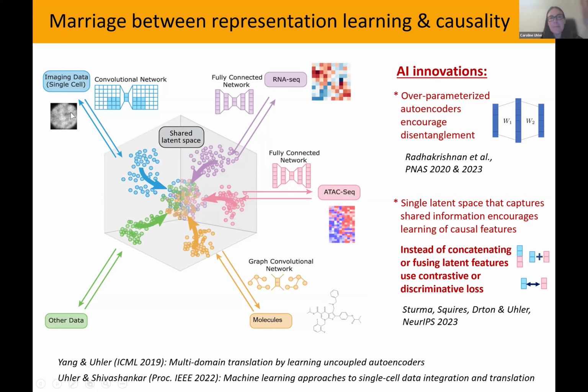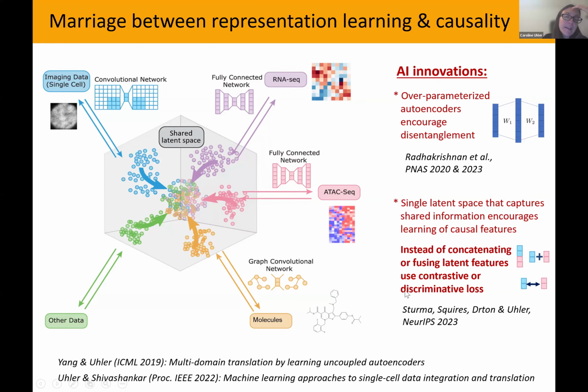So say you have, let's take two modalities that are, say, paired: single-cell RNA-seq and single-cell ATAC-seq. So you go to the latent space and you concatenate the two features of the RNA-seq and ATAC-seq, or you add together the different features of the single-cell RNA-seq and the single-cell ATAC-seq.